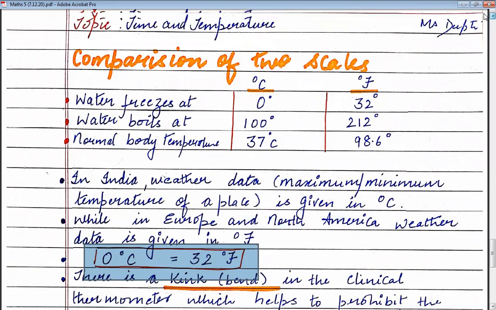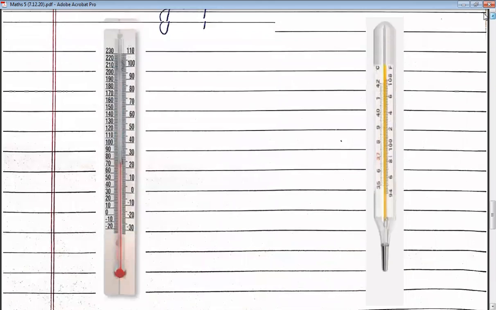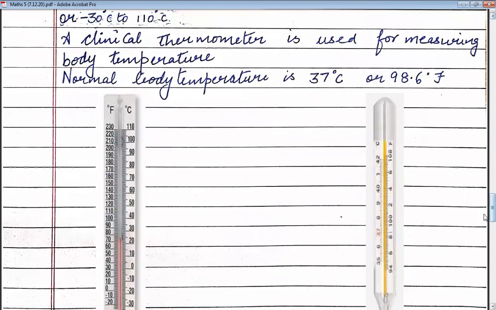Now let's check in our thermometer. Children, we can see in our laboratory thermometer there is 0 degrees. Here it is 0 degrees Celsius and somewhere it is 32 degrees Fahrenheit.